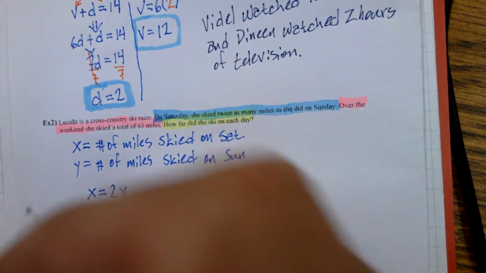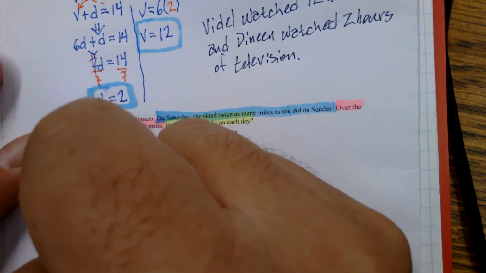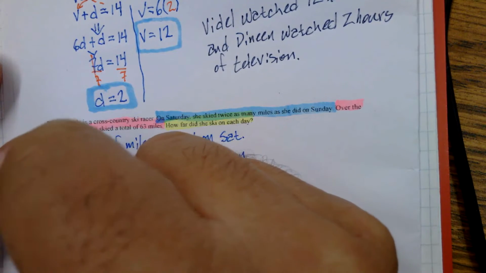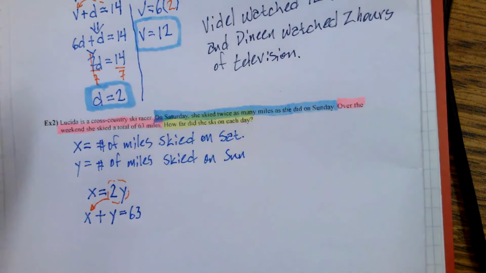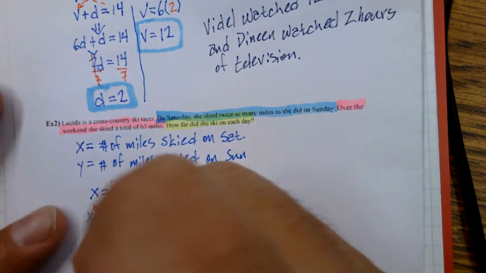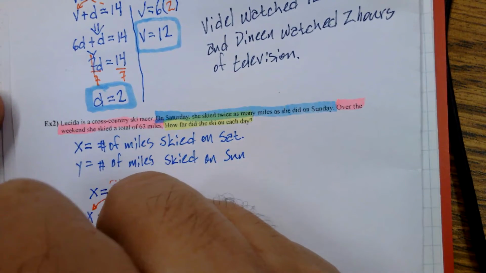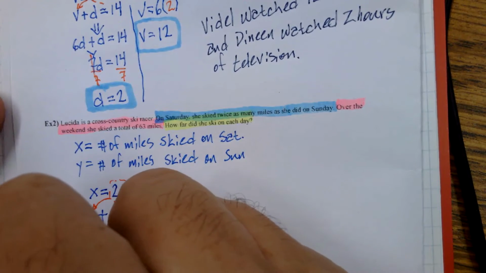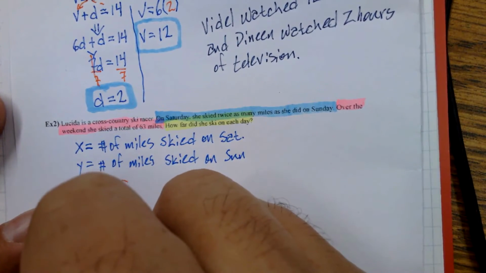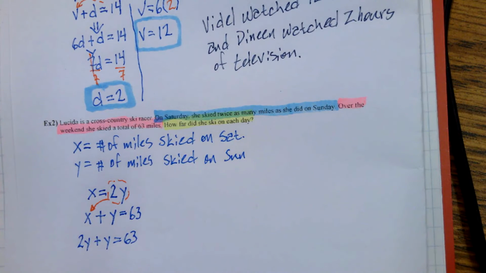Well, let's solve this by substitution. So it's going to be 2y plus y equals 63. Okay.